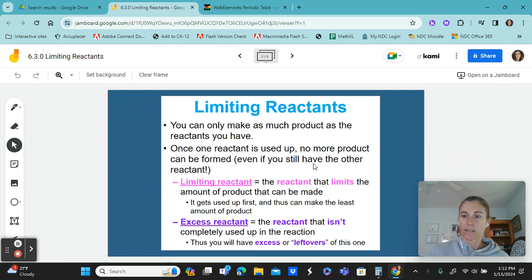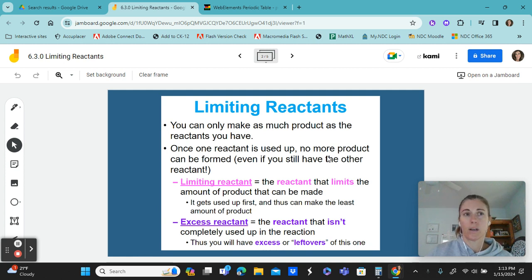All right, limiting reactants kind of describes what they're talking about. In a reaction, unless there's only one reactant, obviously that would be your limiting. If you have more than one reactant, you're usually going to have one that's going to be used up before the other one, and that's going to be your limiting reactant.